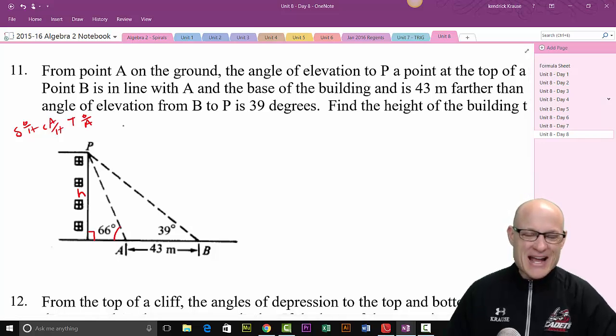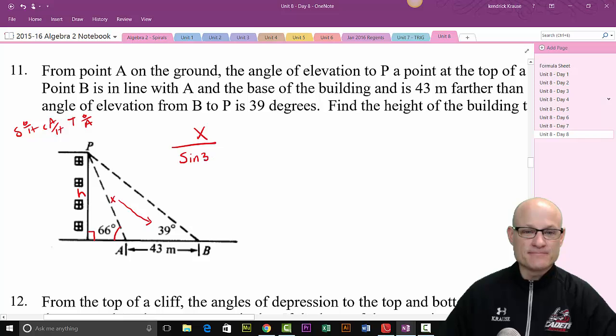So just like the last problem, we have to find the side that they share, which is right here. We're going to find this value, x, and x is opposite that angle. So x over the sine of 39 is equal to 43 over the sine of that thing, which I don't really know.